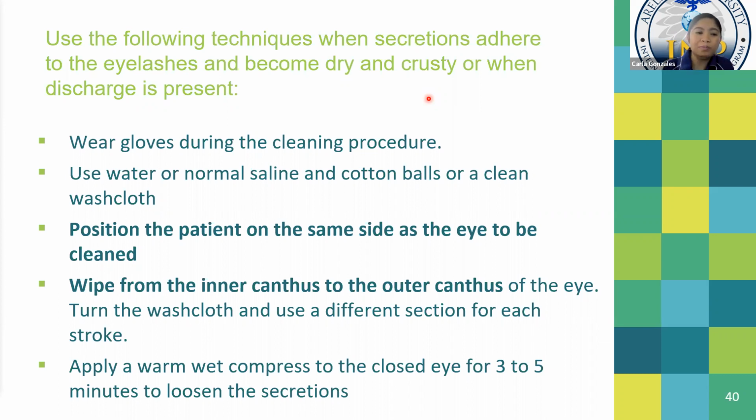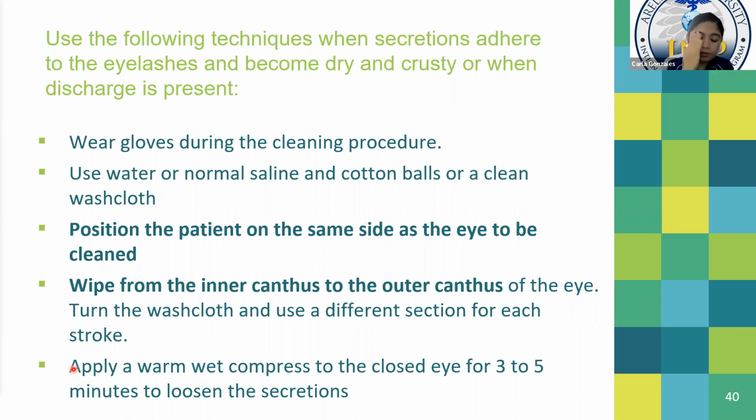And then how to properly wipe, please remember this one. You wipe from the inner canthus going to the outer canthus of the eye. That is to prevent cross-contamination. Imagine if the affected eye, the contaminated eye, would be the right eye, and the left is okay, with no signs of contamination.